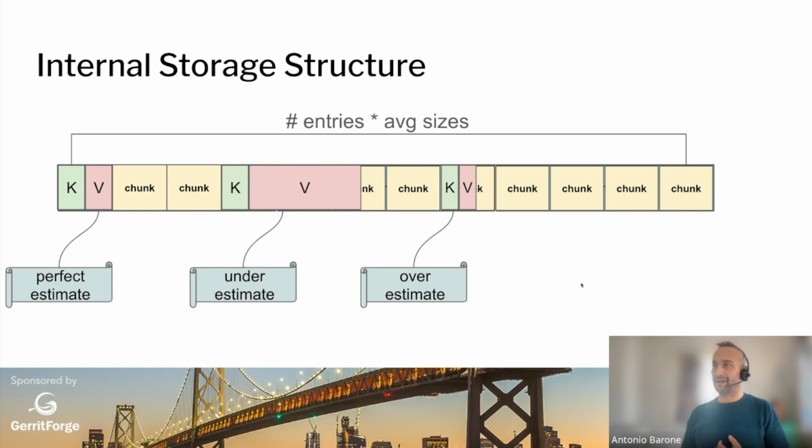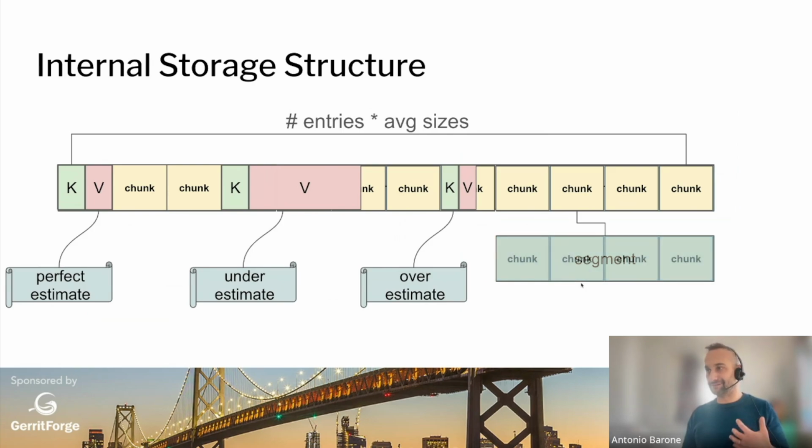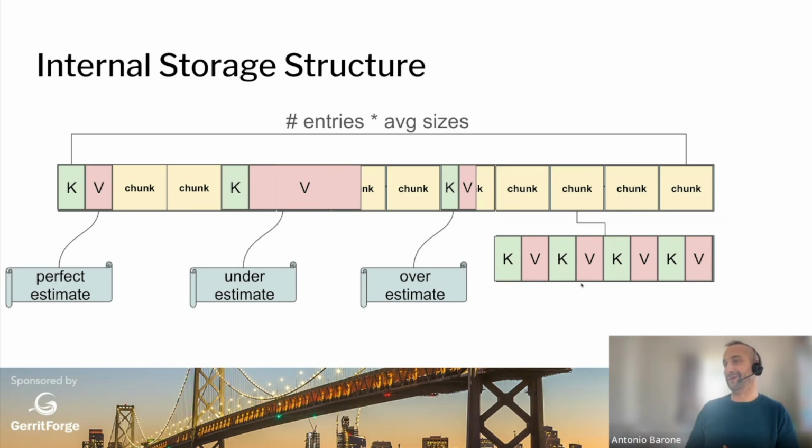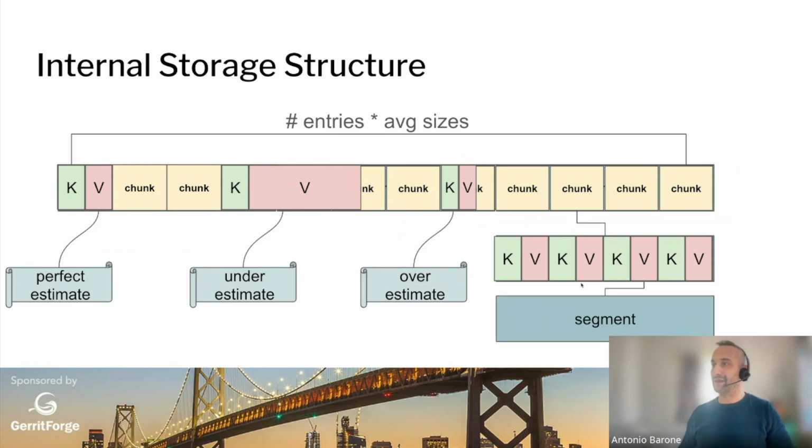Well, in that case, Chronicle Map will just add an additional segment. It will again split the segment into chunks, where each chunk is a function of the averages that you specified at configuration time. And then it will store the additional key that couldn't fit into the memory. And again, once this is full, it will allocate an additional tier, which again will be split into chunks and so forth.